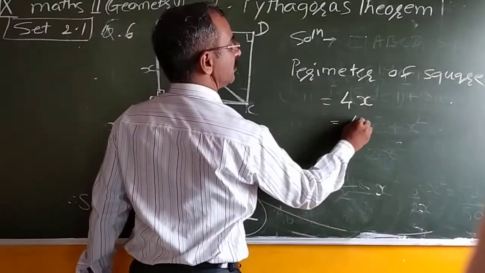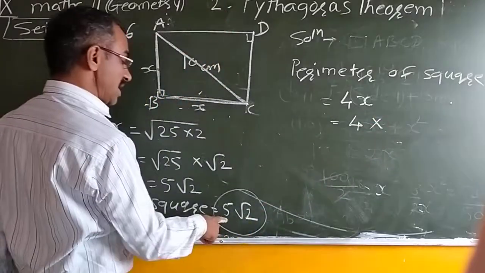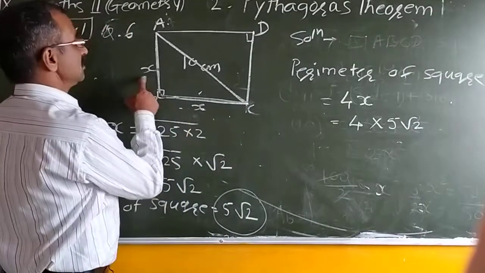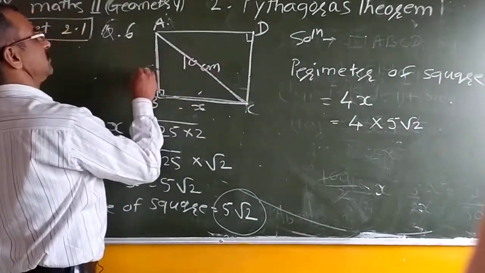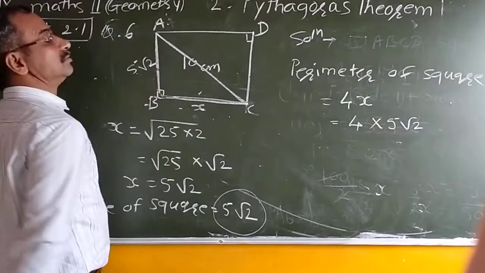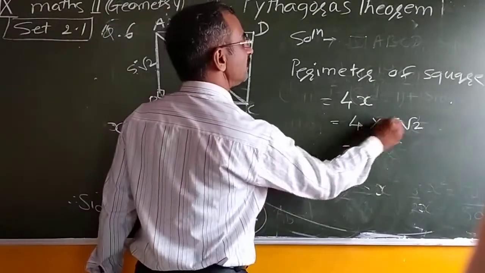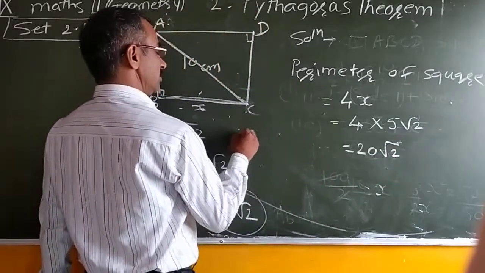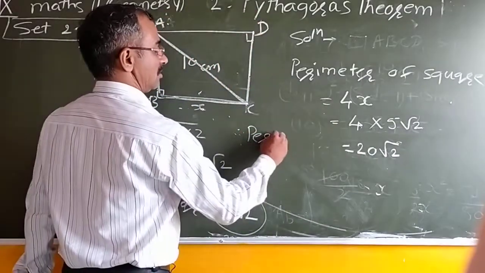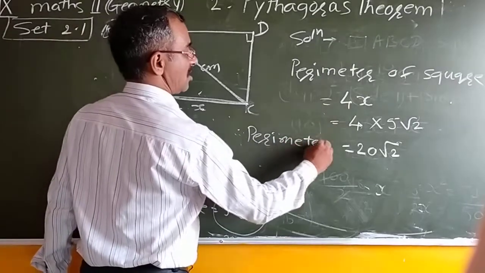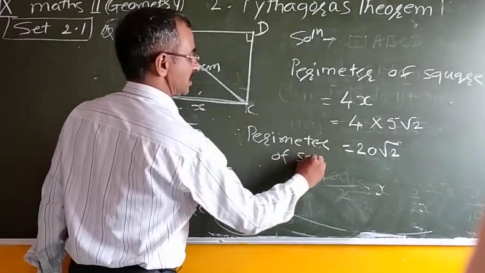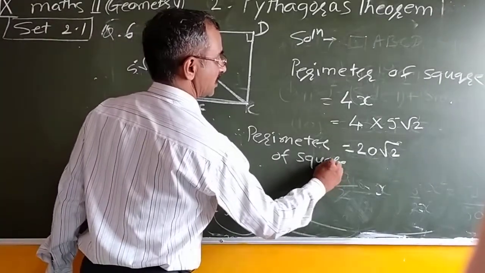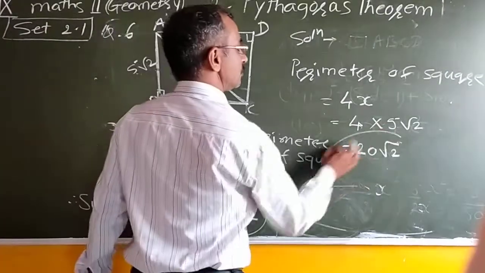Therefore, 4 into 5 root 2. 4 into 5 is 20, root 2 remains as it is. Therefore, the perimeter of the given square is 20 root 2 units.